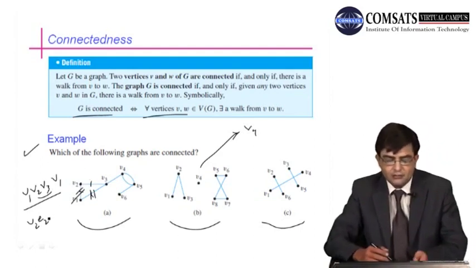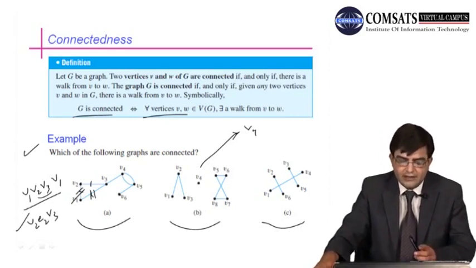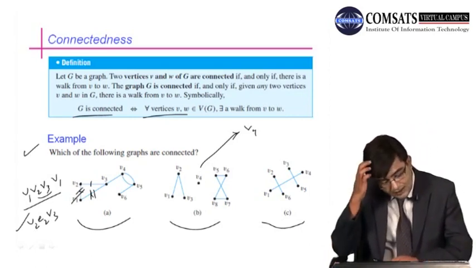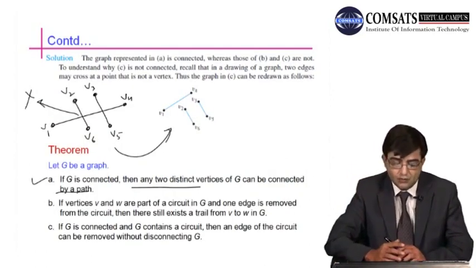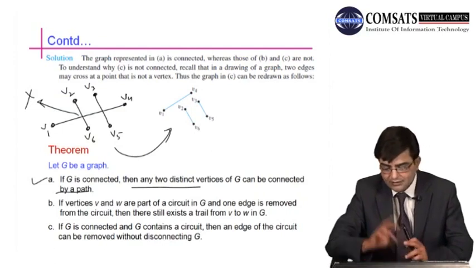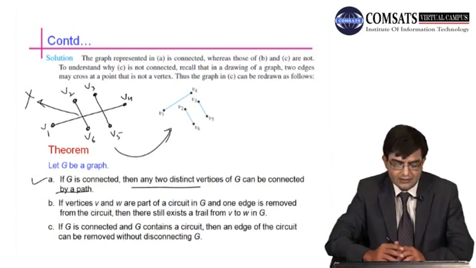This could be a trail from V2 to V3. So if V and W are part of a circuit in G and one edge is removed from that circuit, because it's a closed walk, there still exists a trail from V to W in that graph G. It's also obvious, but you can see the proof of this theorem in the book.